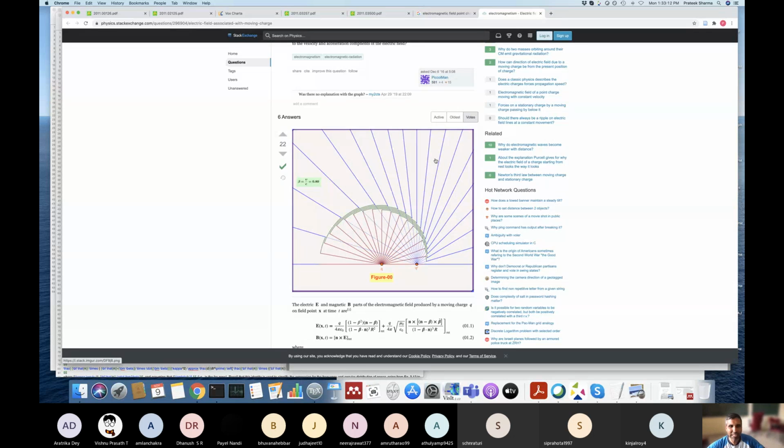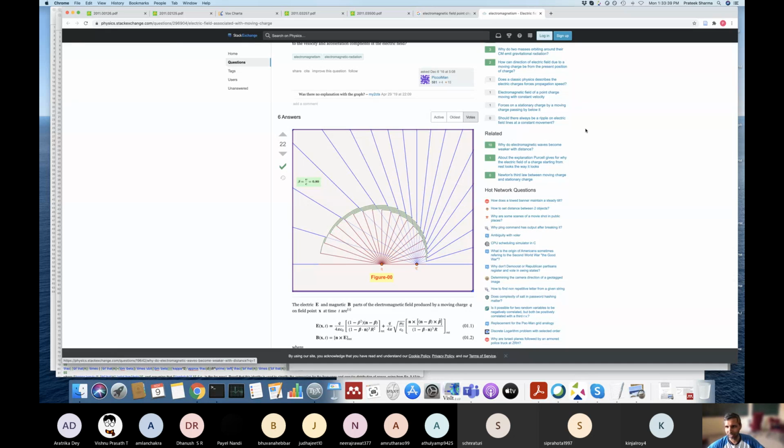But the key point is that this electric field strength does not fall like 1 over r square, but 1 over r. That's why this can carry energy to very large distances. In this particular example, it's just a pulse, because the charge accelerated only for a short time when it went from moving to rest.